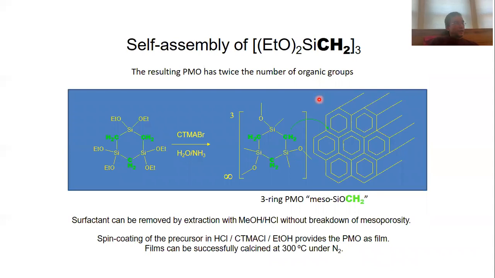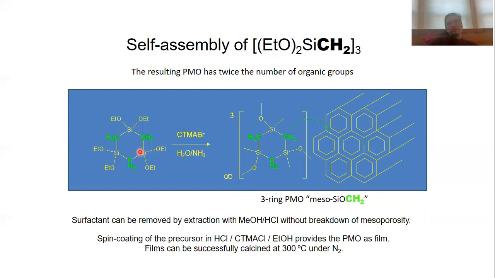All right. Last but not least, let me briefly talk about how you can increase the organic content even further when you use a ring structure, such as this one. Then you see that you have actually not only one organic group attached to a silicon, but each silicon is actually attached to two bridging groups.